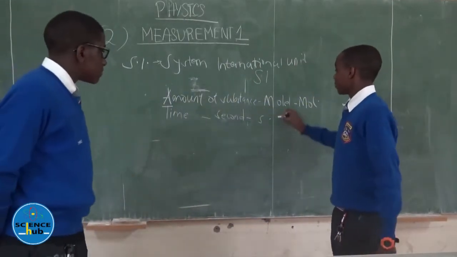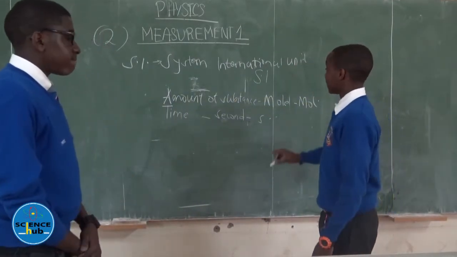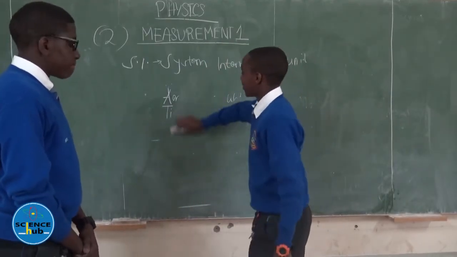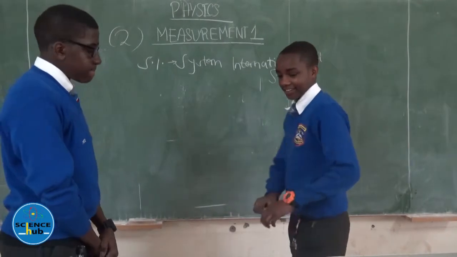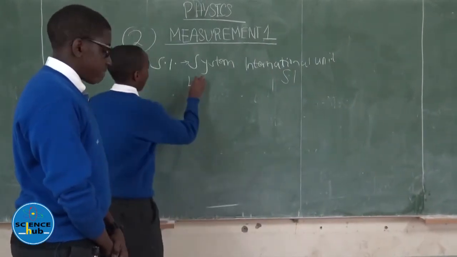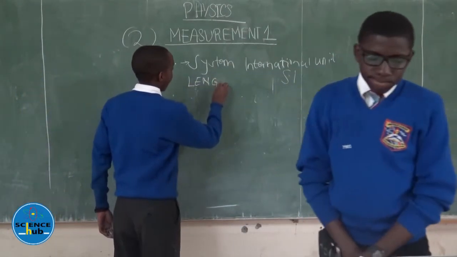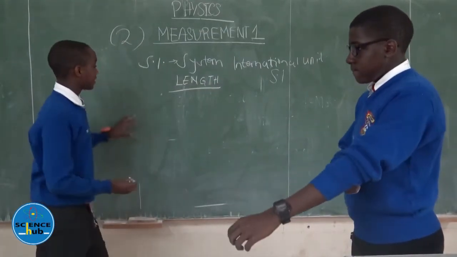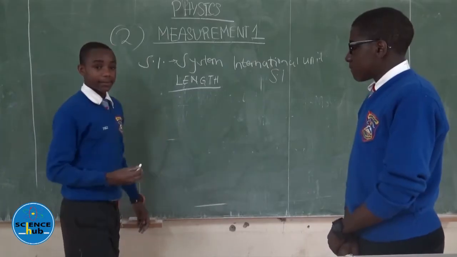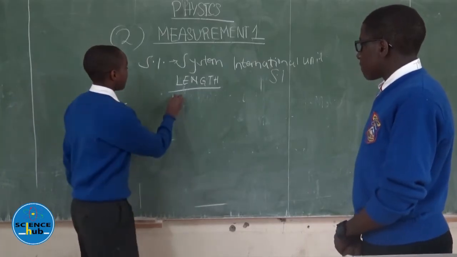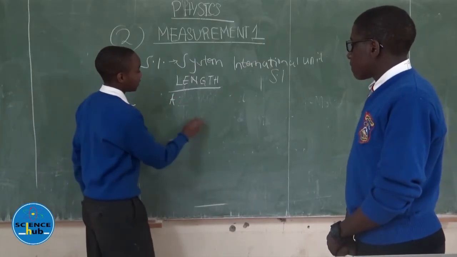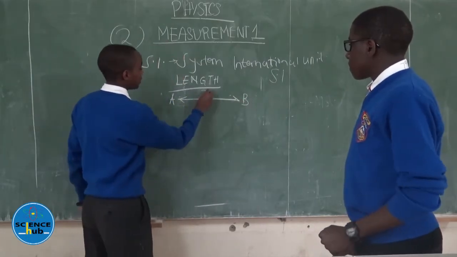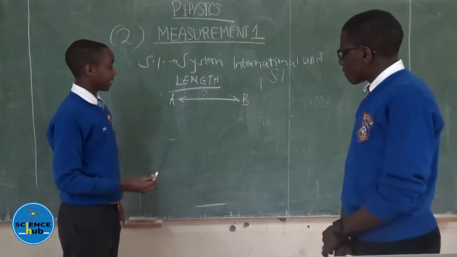You can first of all dwell on length. Length is the distance between 2 points in space. For example, from point A to point B, this distance in between can be defined as length.